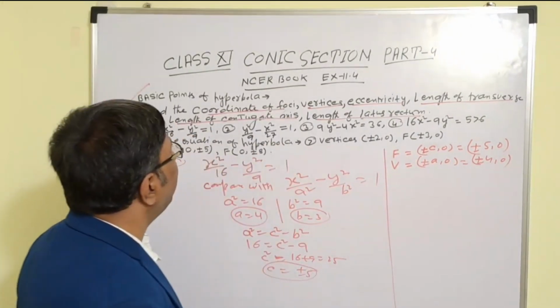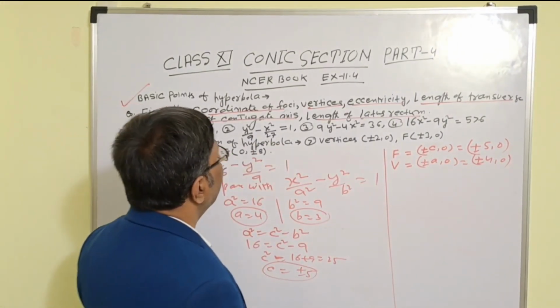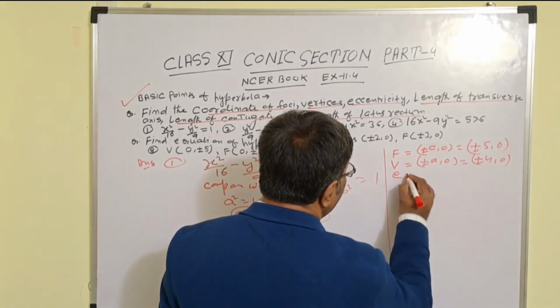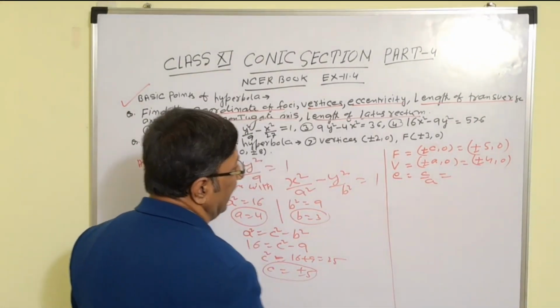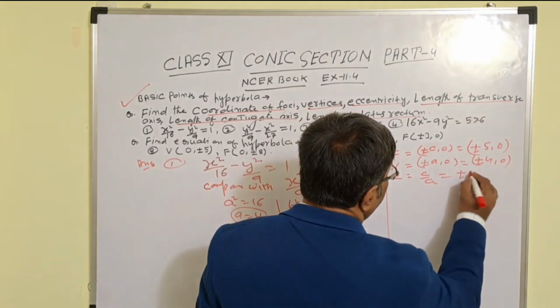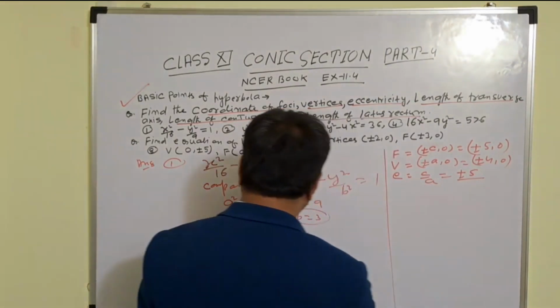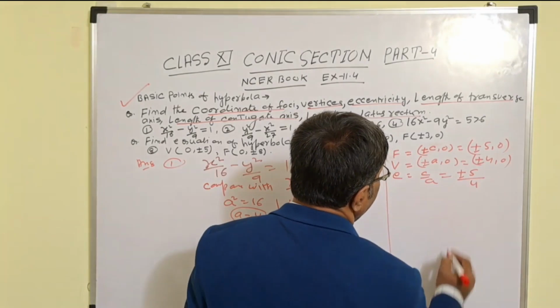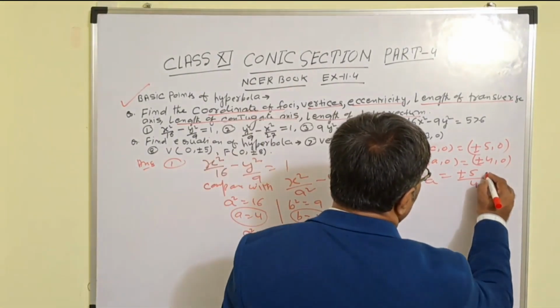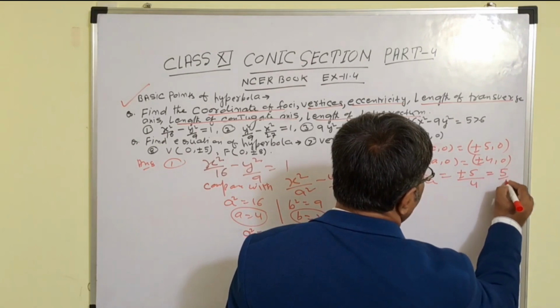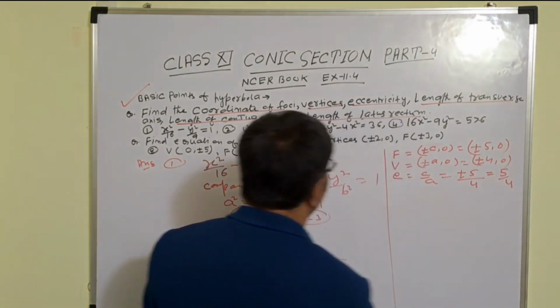Now we have to find the eccentricity. Eccentricity equals c by a. C is plus minus 5 and a is 4, so this is plus minus 5 by 4. You can take only the positive sign, then you can write 5 by 4. Both are right answers.